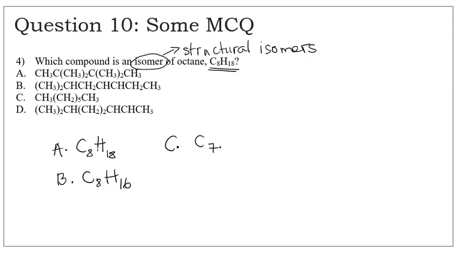Well, it's C7, so it's not going to work. I'm just going to stop there. 2, 3, 5, 6, 7, 8. And then we have 6, 7, 11, 12, 13, and that's still 16. So the answer should be A.